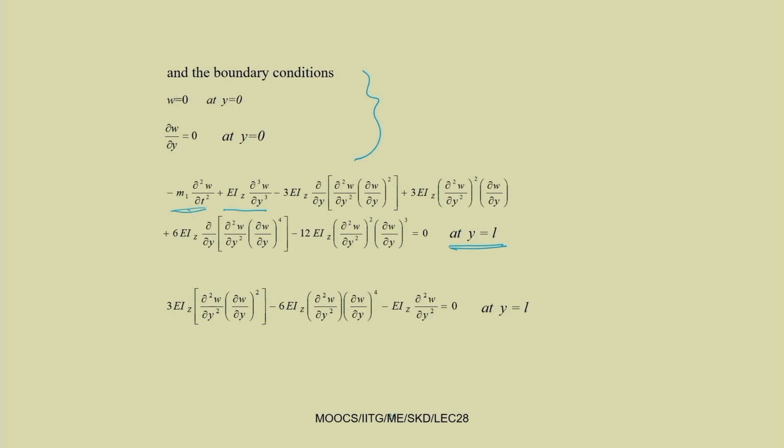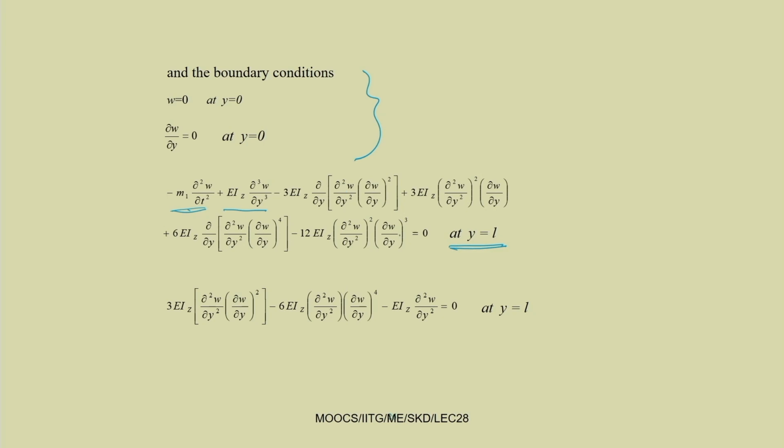These are the nonlinear terms associated with the shear, and this is the bending moment, proportional to del square W by del y square. At the free end, either the bending moment or the shear force will be equal to 0.